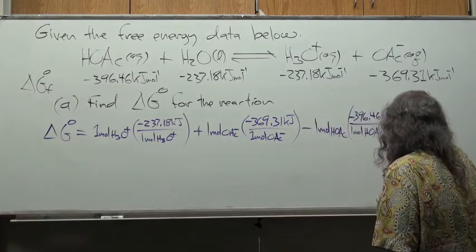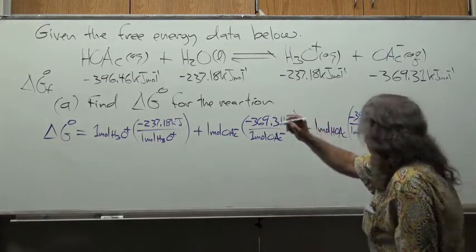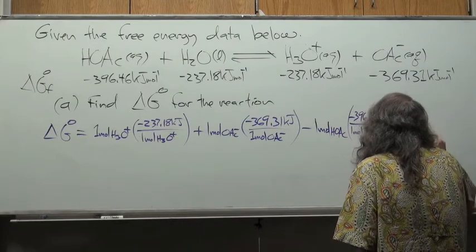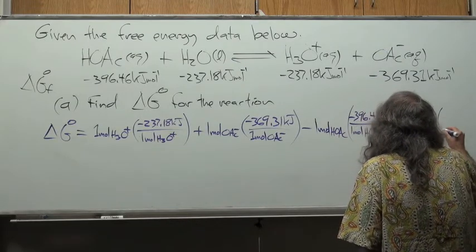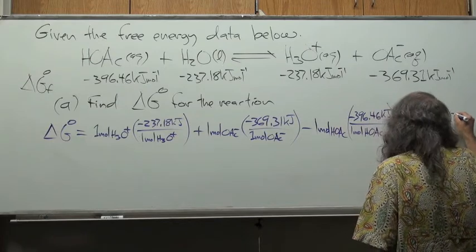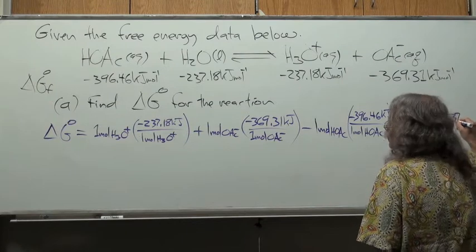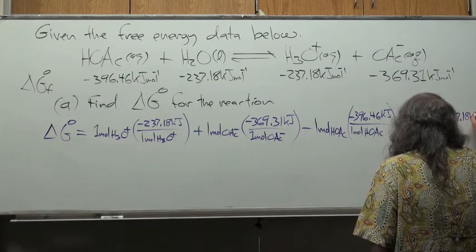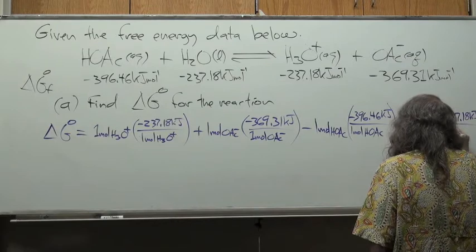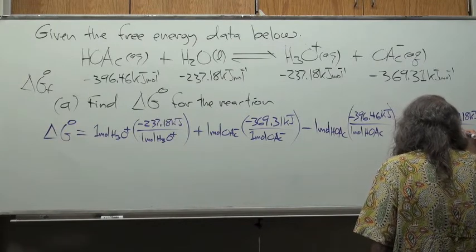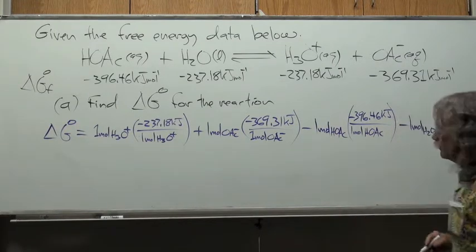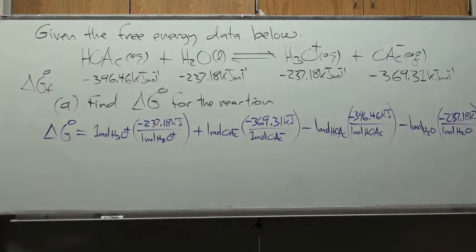And then minus 1 mole of water, and minus 237.18 kilojoules for every 1 mole of water. And that statement alone gives you almost all the points. The last part of this is you have to actually do the calculation.